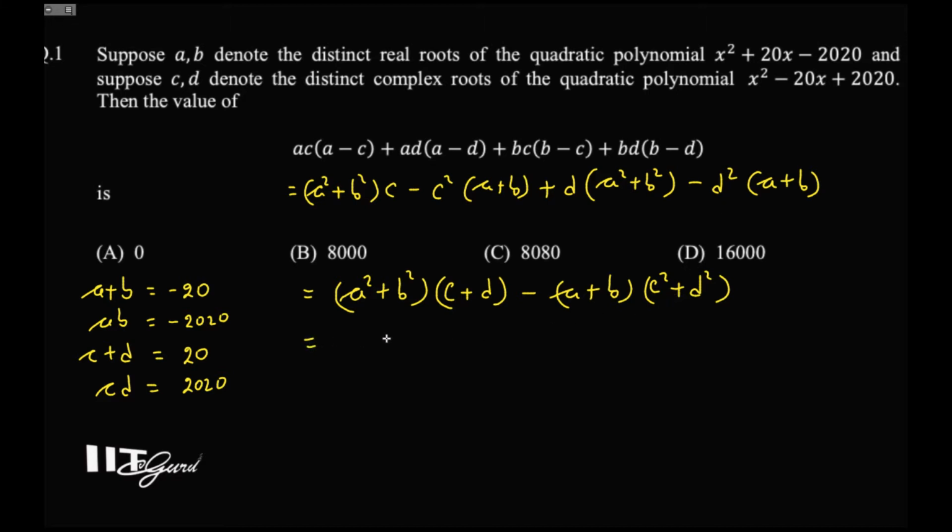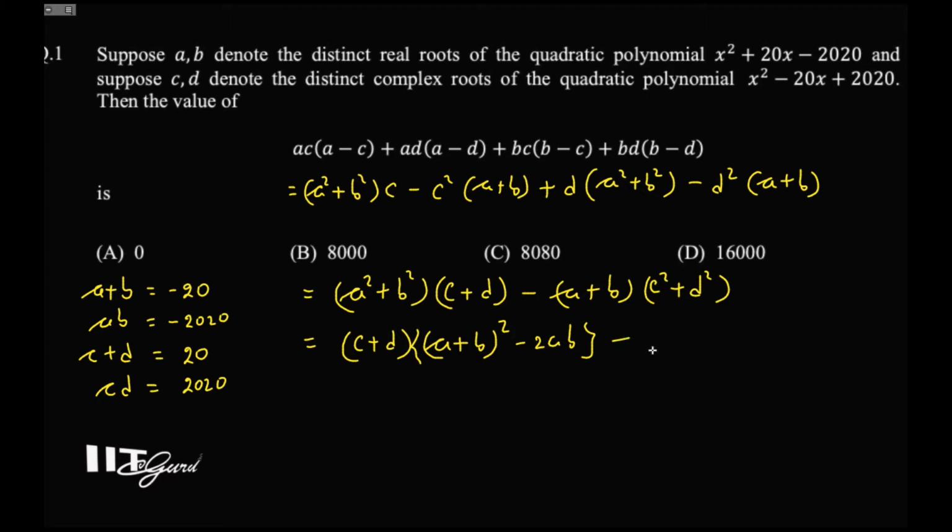Fine. Now by using all this data, A square plus B square can be evaluated by using the square formula, A plus B whole square minus 2AB. So we can say C plus D into A plus B whole square minus 2AB, in another bracket.